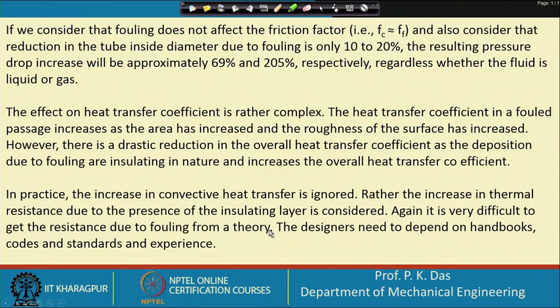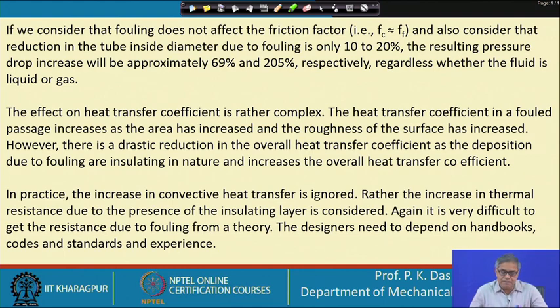Now, if we consider that fouling does not affect the friction factor, a very crude simplification, that f_c is equal to f_f, and also consider that the reduction in tube inside diameter due to fouling is only 10 to 20%, then the resulting pressure drop increase will be approximately 70% to 205%.